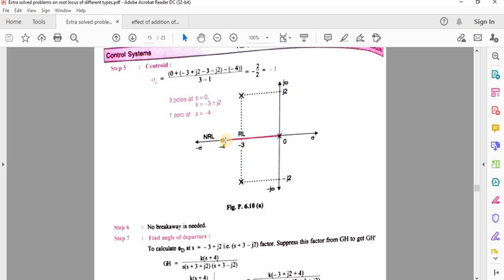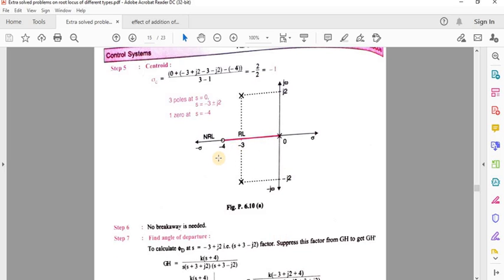We can see the presence of real axis root loci from 0 to minus 4. Above minus 4 it is 0, so there is no presence of loci from minus 4 to minus infinity. It is only present between 0 and minus 4.